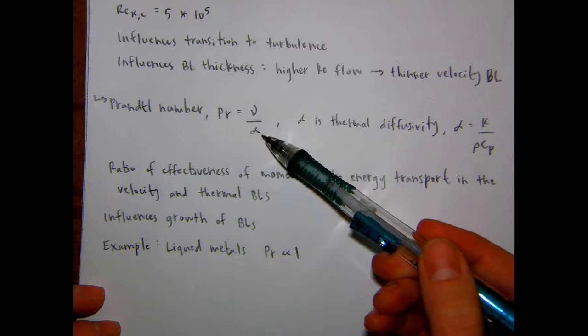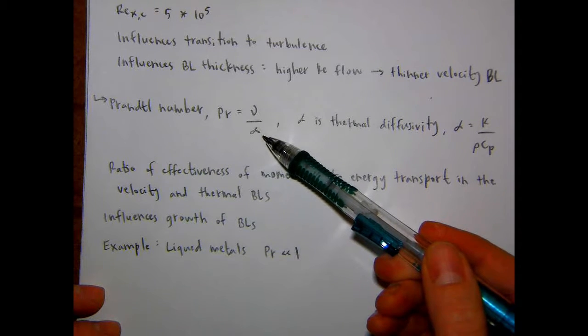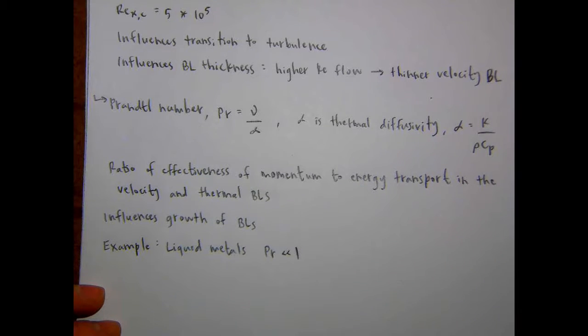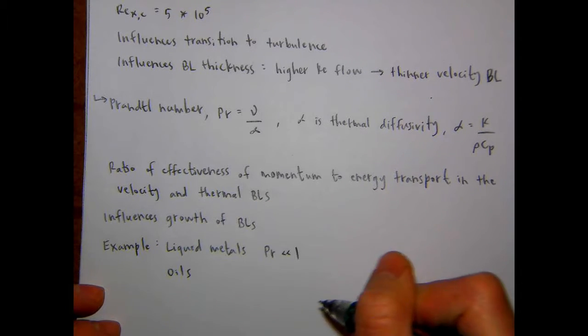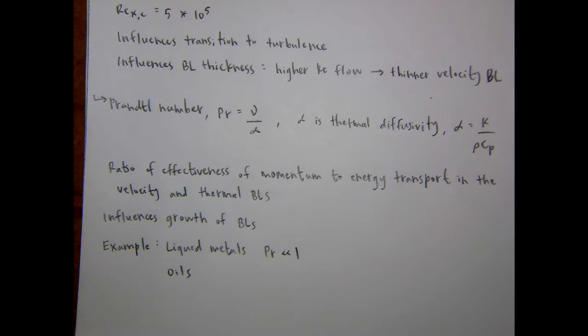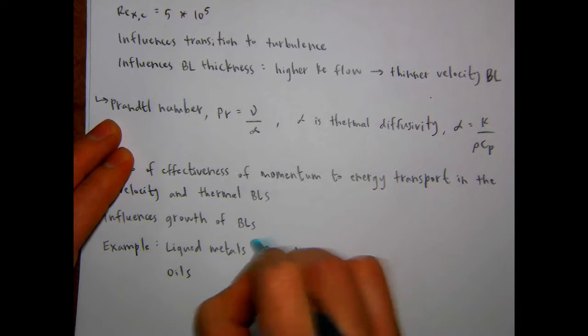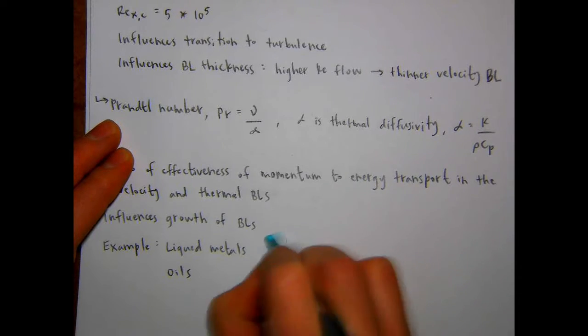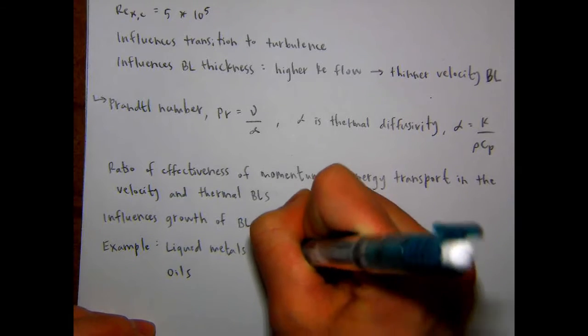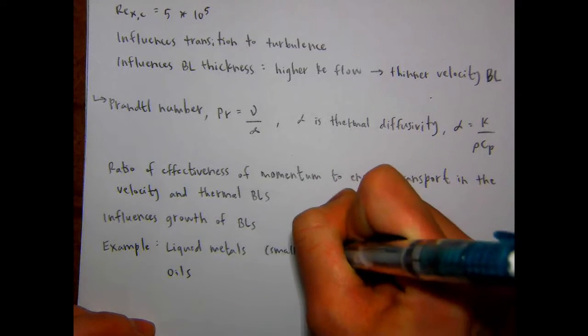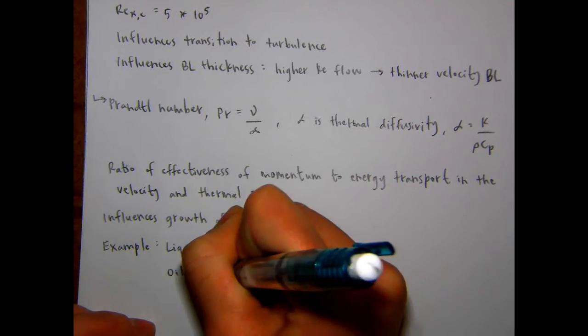So you end up with a much higher number in the denominator. I'm just going to write, rather than much less than or greater than 1, I'll just say small Prandtl number and large Prandtl number.